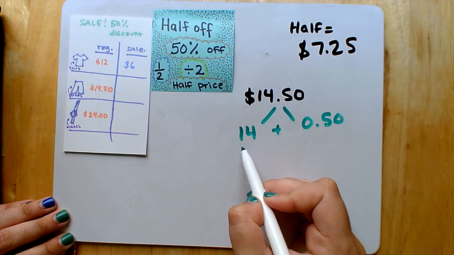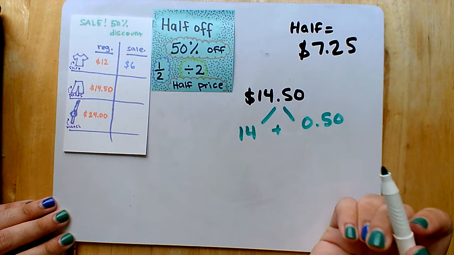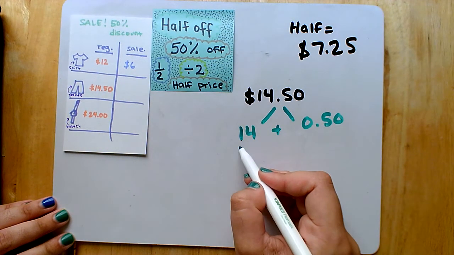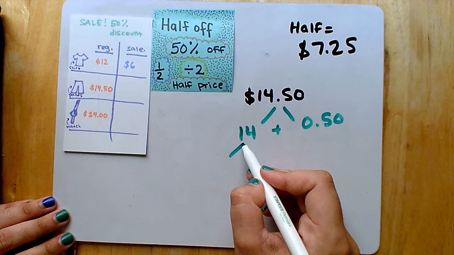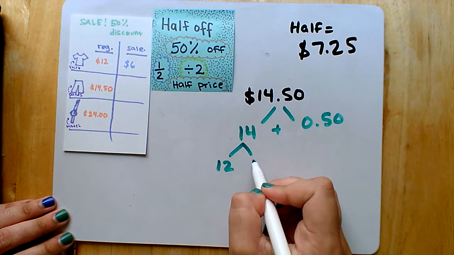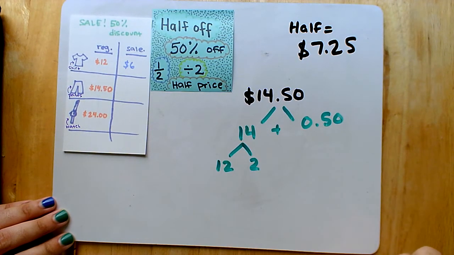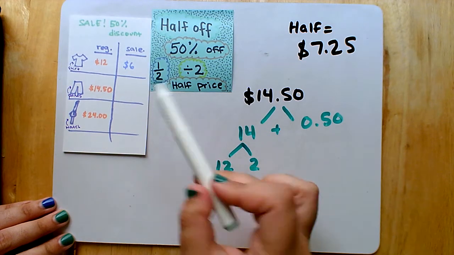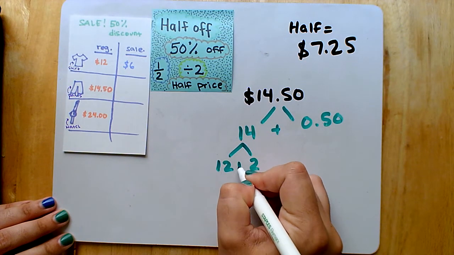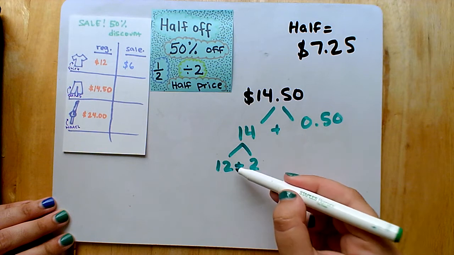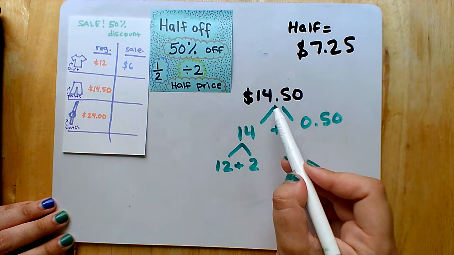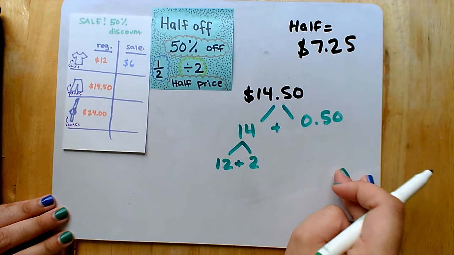No problem. I can keep partitioning until it's easier for me. Maybe I'm going to partition into 12 and 2 because we just solved half of 12, remember? And so I'm going to use that to help me save some work. 12 plus 2 is the same as 14. 14 plus 50 cents is the same as $14.50. Still the original price.